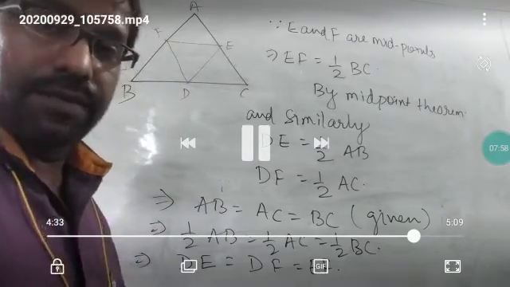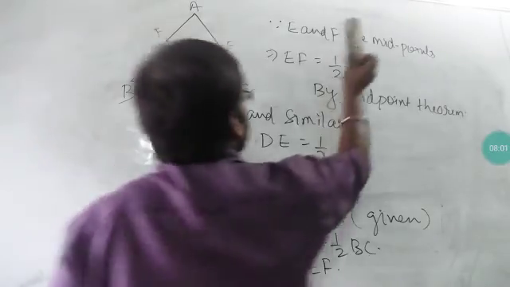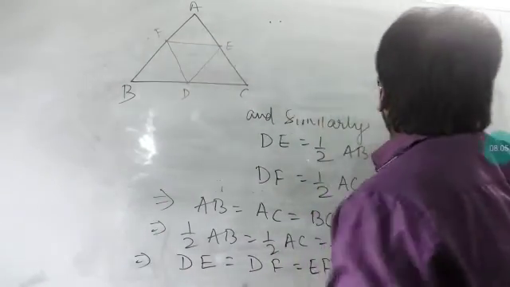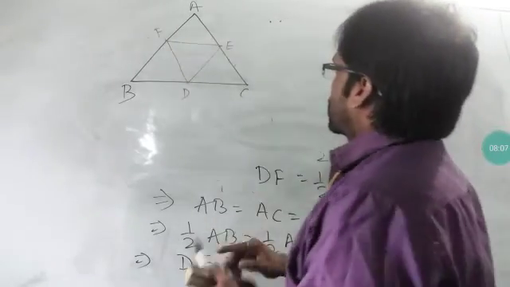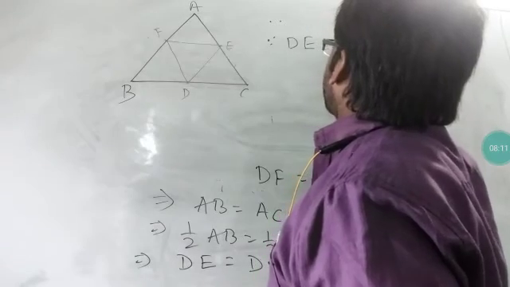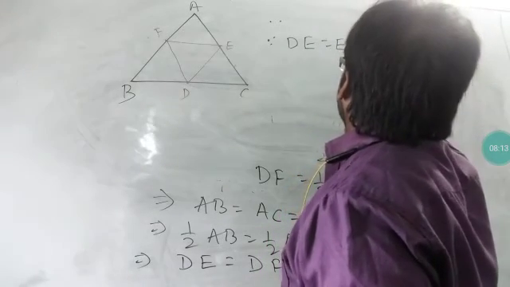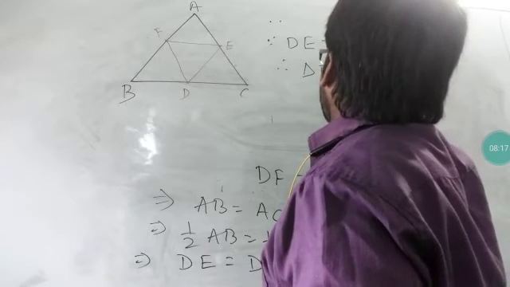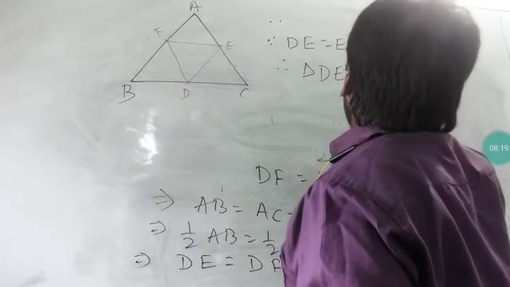Now see one thing here: if these three sides are equal, then DE is equal to EF is equal to FD.